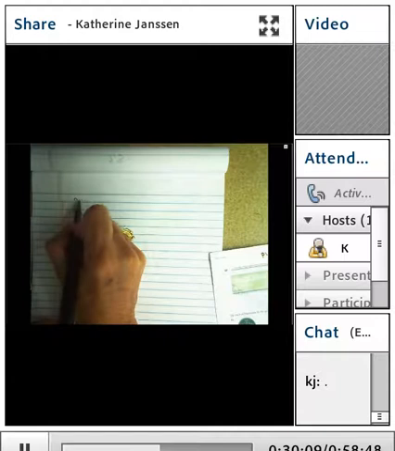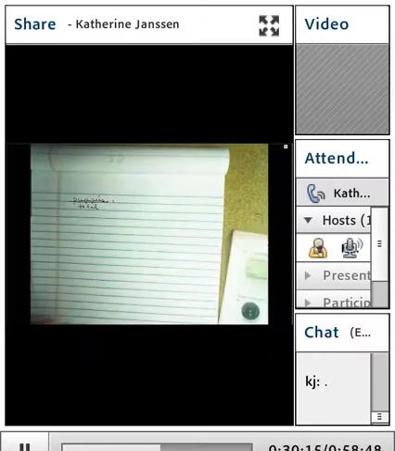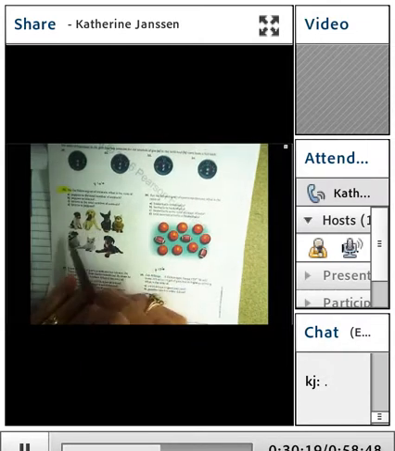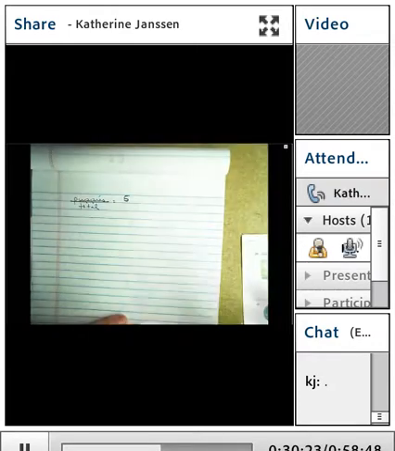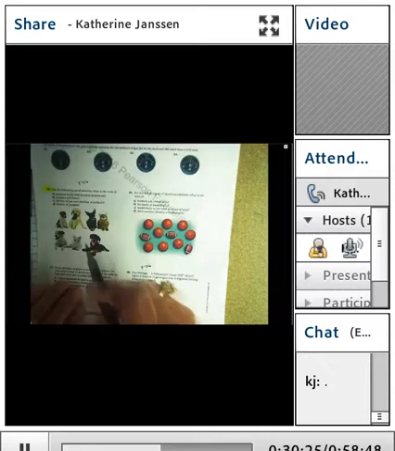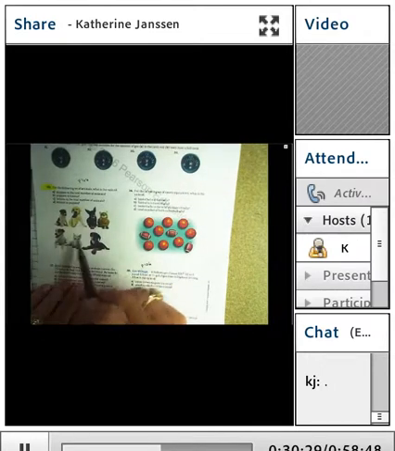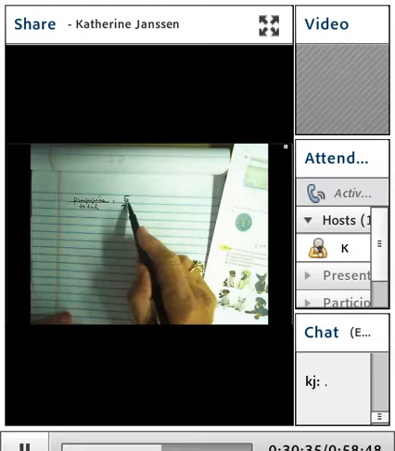All right, puppies to total. Well, the puppies in the diagram, I have 1, 2, 3, 4, 5 puppies. I have 5 puppies, and the total in the diagram, total number of animals is 1, 2, 3, 4, 5, 6, 7. So my ratio of puppies to the total number of animals is 5 to 7.